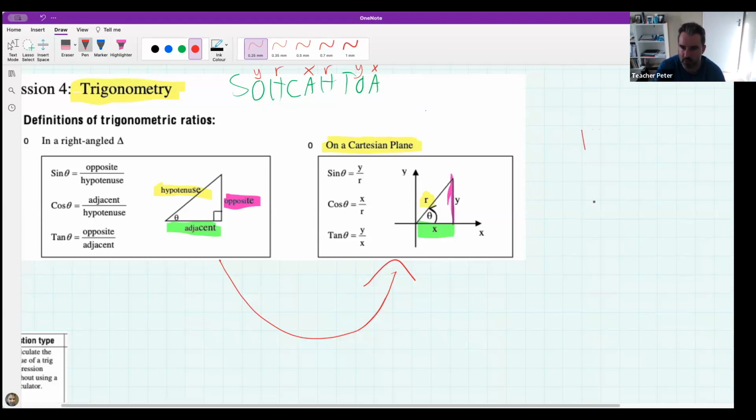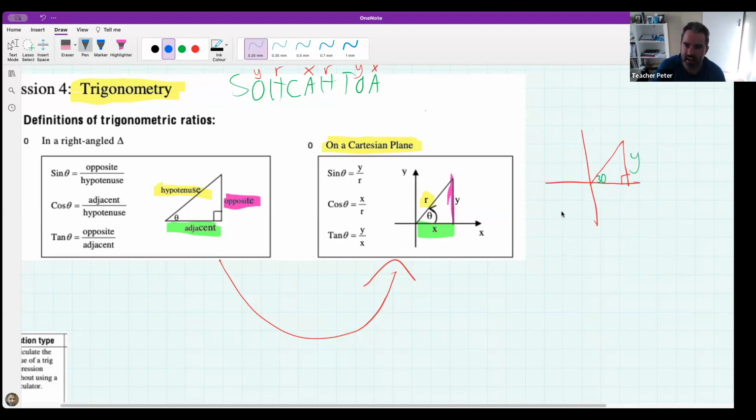Let's pretend I'm in quadrant 1, and I'm going to draw a triangle, and that triangle is going to have an angle of 30. And I want to know what is the ratio. So this is going to be y, or it can be o if you like. Let's leave it as y.